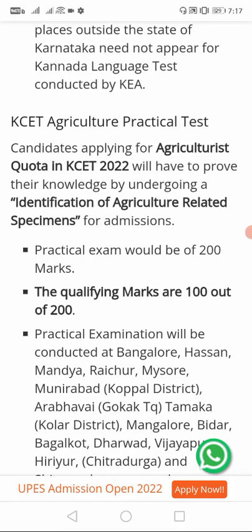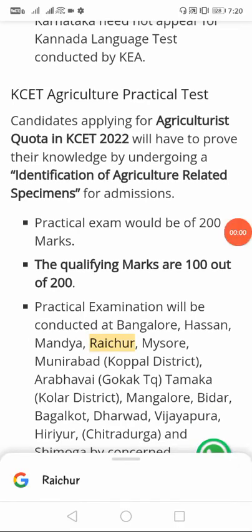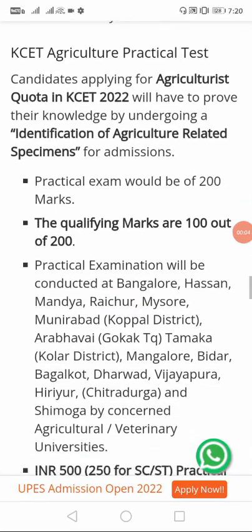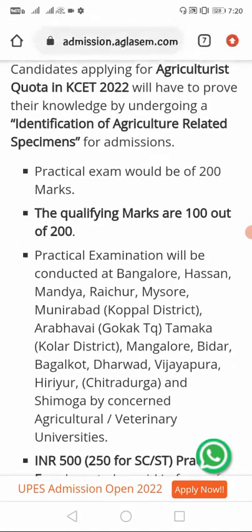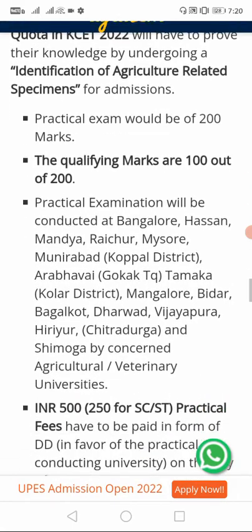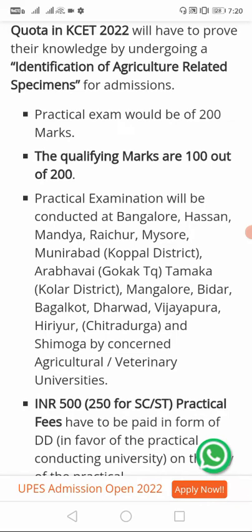Next, KCET agriculture practical test. So identification of agriculture related specimens they are going to consider for admission. So it is a 200 marks practical exam, it is not a theory exam. So you should identify the agriculture related specimens if you are claiming under the agriculture quota. The practical examination for these people will be at Bangalore, Hassan, Mandya, Raichur, Mysore, Mudhol, Koppal district, and Athani, Gokak, Tumkur, Mangalore, Bidar, Bagalkot, Dharwad.